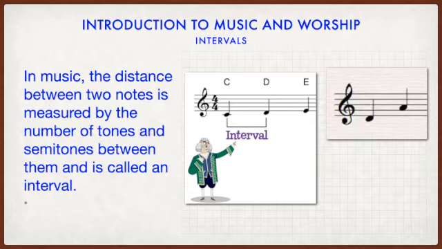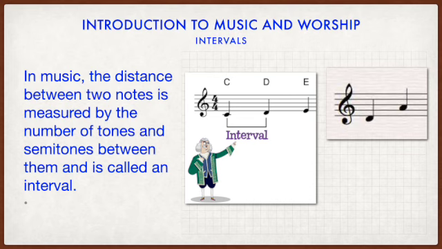The next term we want to look at is the term interval. In music, the distance between two notes is measured by the number of tones and semitones between them. That's called an interval. The two tones can be played at the same time or following one another.